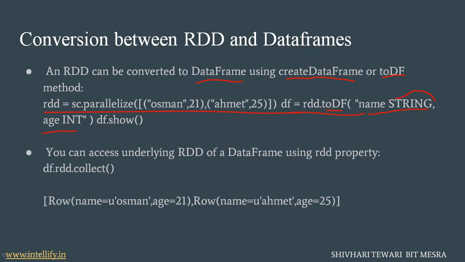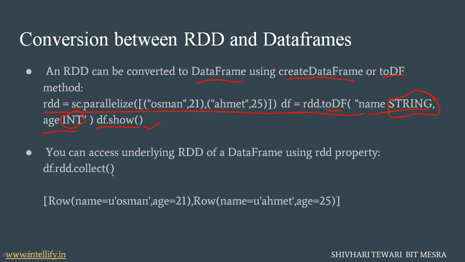String and integer are the types. We cannot mention anyone's name in an integer form. That's why name is given in a string form, that is characters, and age is in integer form, like in SQL, varchar, integer, string. So this is like that only. And after that, df.show to show the output.